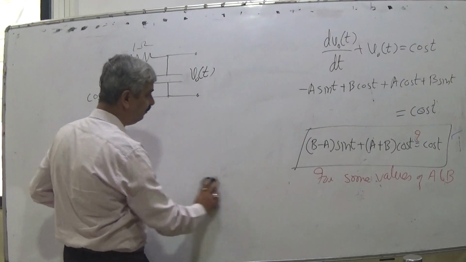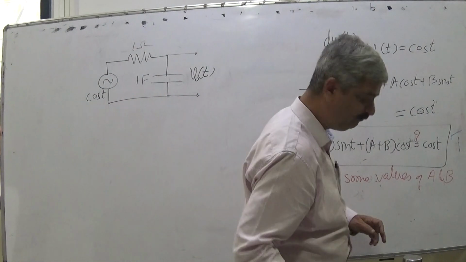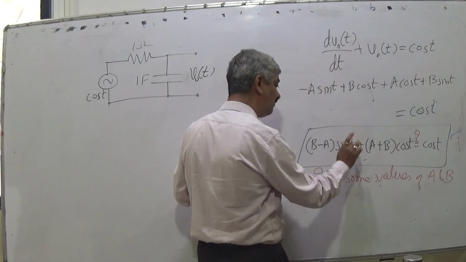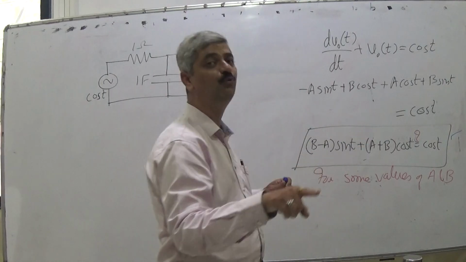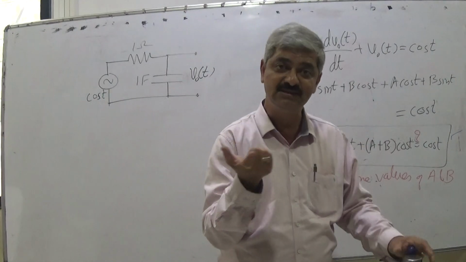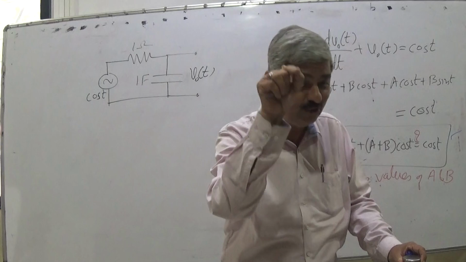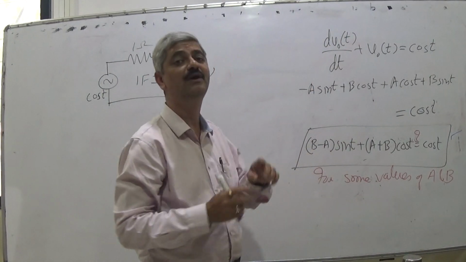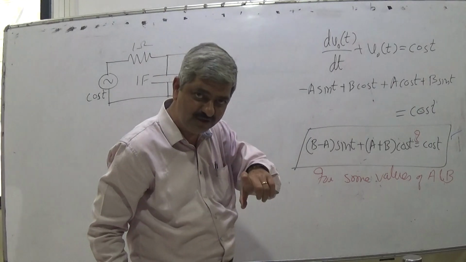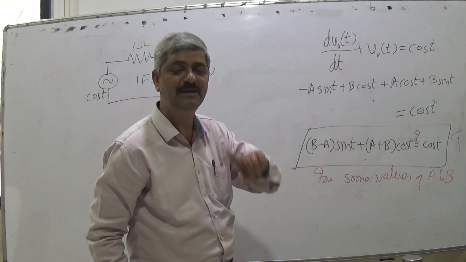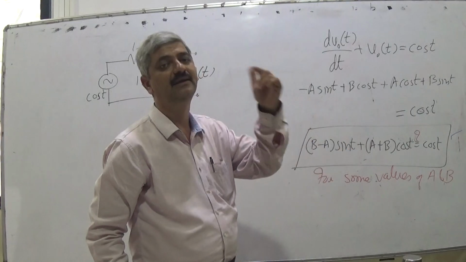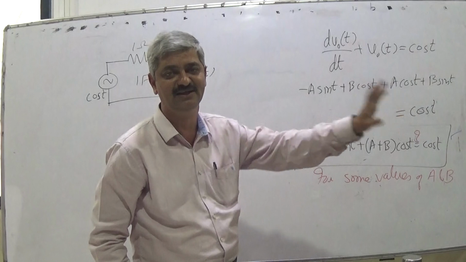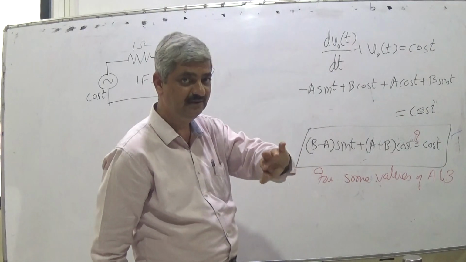This is a general equation in terms of variable t as well. If we put some specific value of t, then this equation will reduce to an equation which will include a, b and constants. Means some constant into a plus some constant into b equal to some other constant for a given value of t.